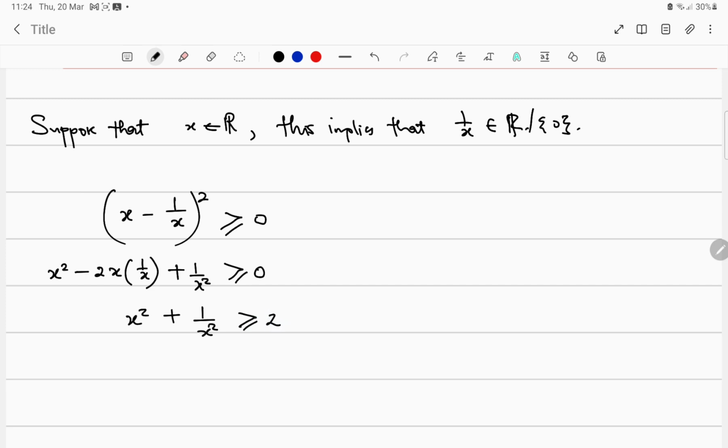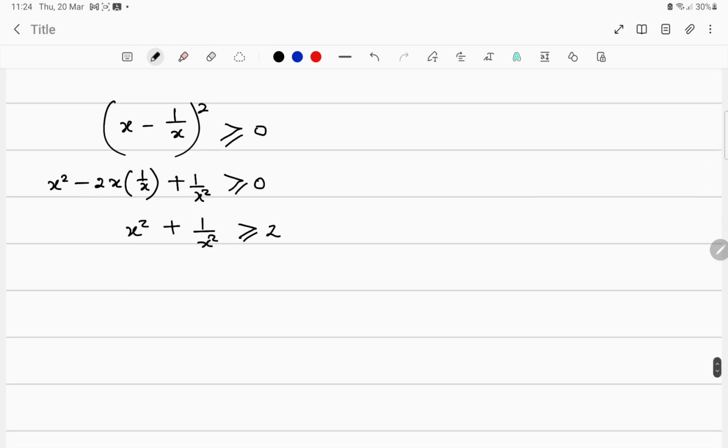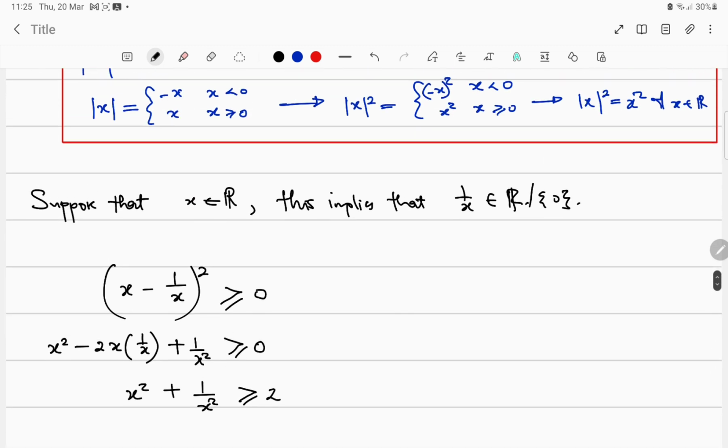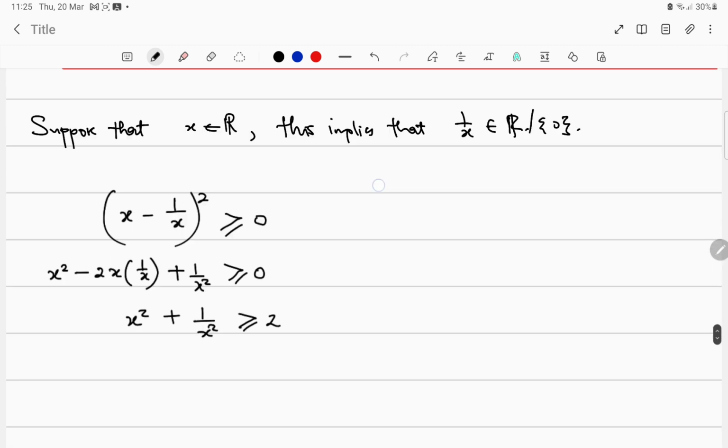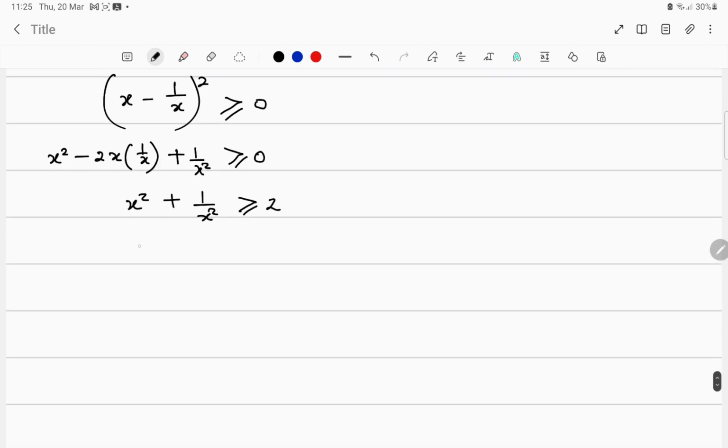That is the part which we have, because 2x by 1 over x is just equal to 2. We just took this 2x to the other side. Then after that, we need to add 2 both sides to form something which mimics x plus 1 over x squared.